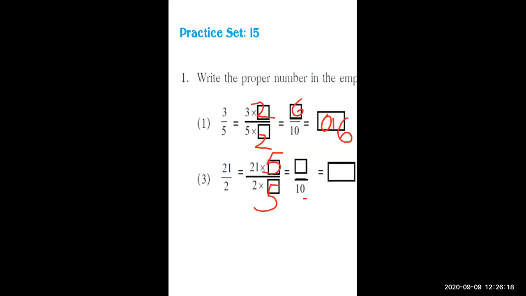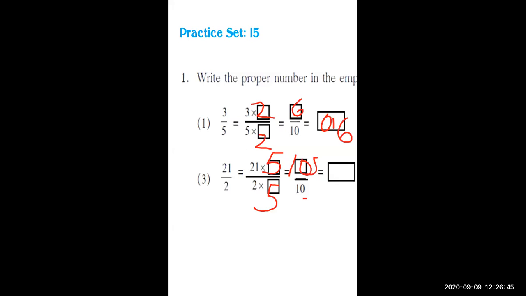So here 21 into 5 equal to dash. Now what is 21 into 5? I want the answer of 21 5s. I don't want a point answer. No. 21 5s is 105. So here will be 105 upon 10.